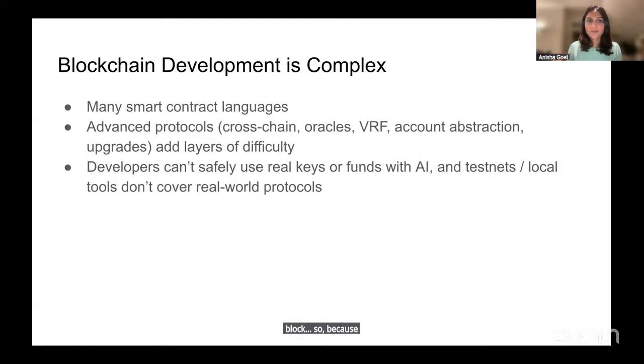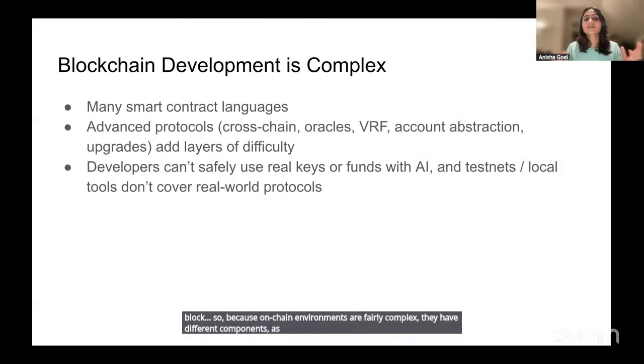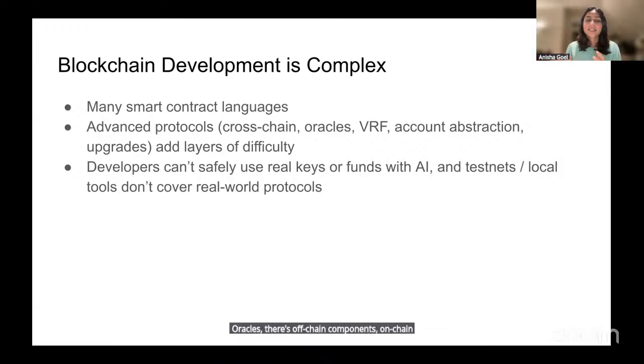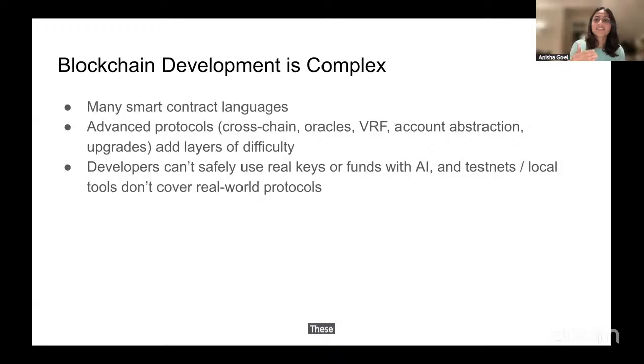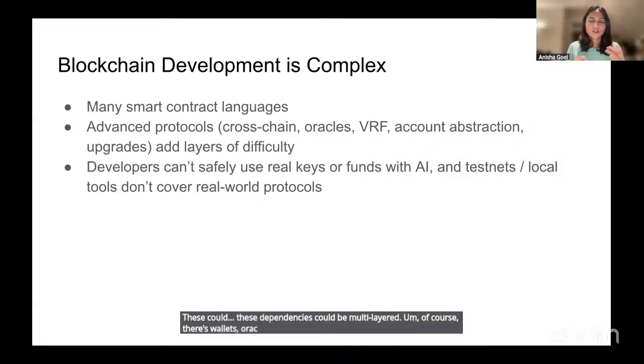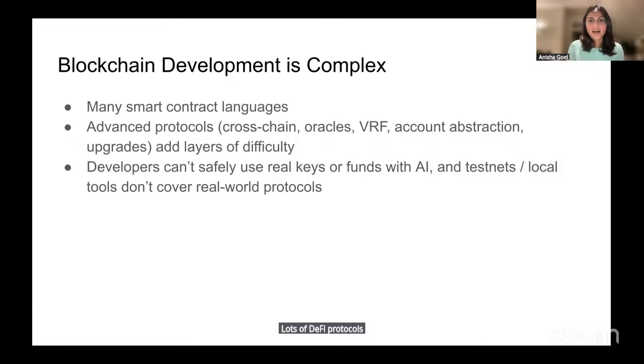Because on-chain environments are fairly complex, they have different components, as we saw in that Kurtosis catalog. There's oracles, there's off-chain components, on-chain components, there's the full EVM stack, and then there's dependencies, right? Because of the composability of it, these dependencies could be multi-layered. Of course, there's wallets, oracles, lots of DeFi protocols, etc.